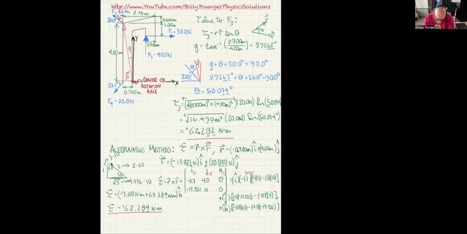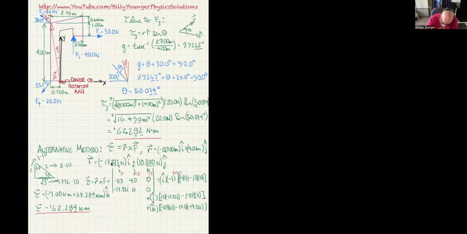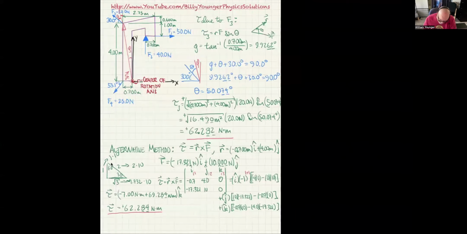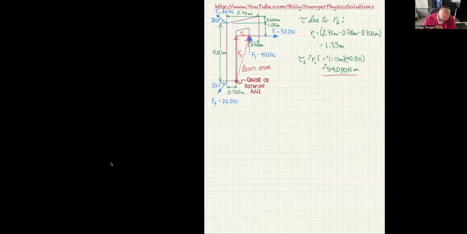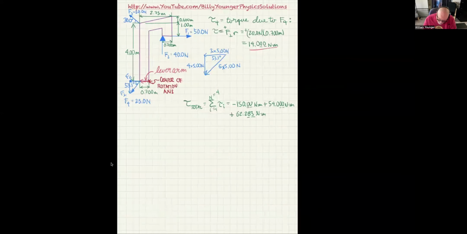Now the torque due to 3 we found twice was 62.282 or 62.284. So I'm going to call it 62.283 Newton meters, reminding us that the last two digits are not significant anyways, and I just split the difference between them. I should make sure that's actually positive, and it was, and the other one was positive as well, and the previous one was negative, so I've got a negative and two positives, and that looks right.